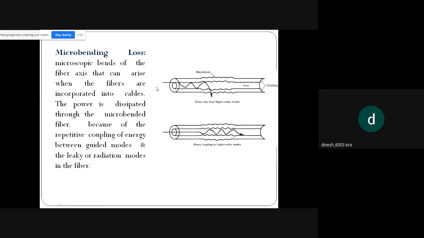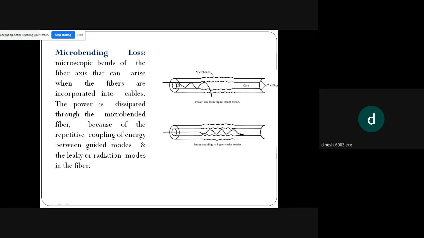Whenever two or more optical fibers are joined together, it may result in microscopic variations of the core. Or when a fiber is coupled to another fiber, or to a transmitter or receiver inappropriately, coupling will occur. Due to that, there would be power loss from the higher order modes.